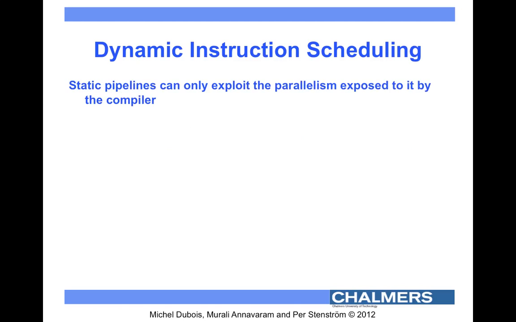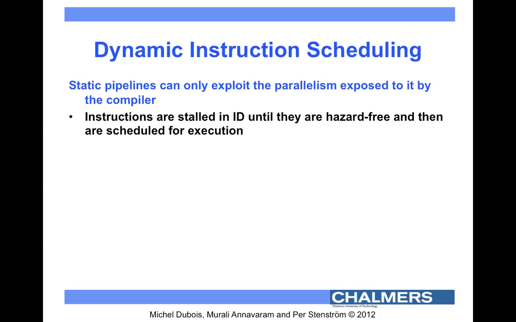So the problem with static pipelines, I would say, is that static pipelines can only exploit the parallelism exposed by the compiler. Okay, so instructions are stalled in the instruction decode stage until they are hazard-free, and then they are scheduled for execution.